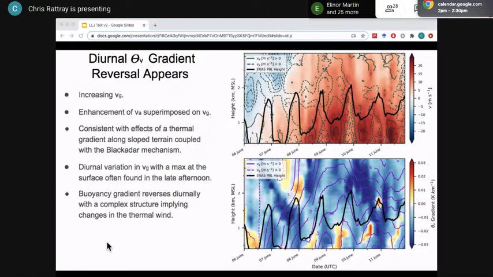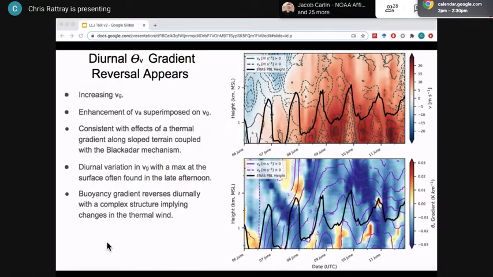The redder colors in this figure mean that it's warmer at Lamont. And notice that on the 8th, there's an intensification where you have increasing geostrophic winds along with the buoyancy gradient reversal that occurs below 1 kilometer.